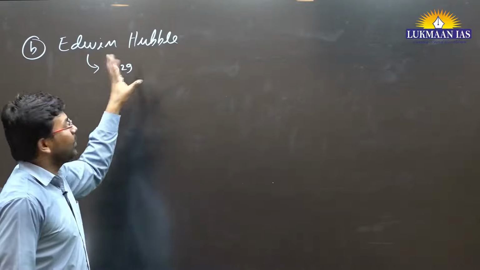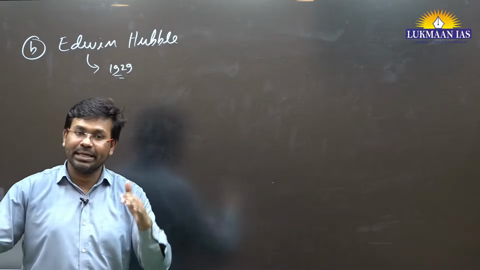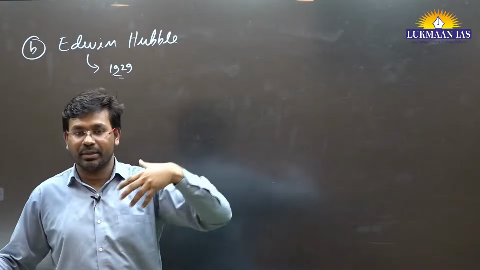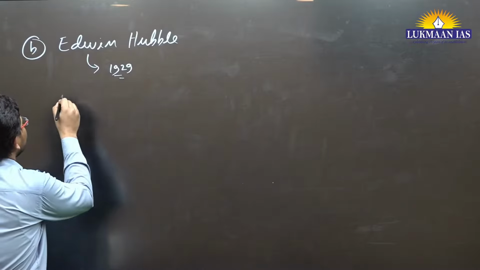So what Edwin Hubble noticed is that other galaxies are moving away from us. Write it down so that you remember.